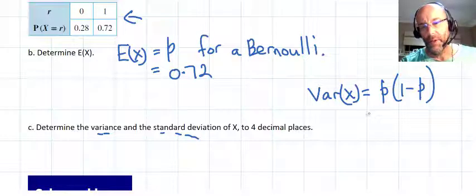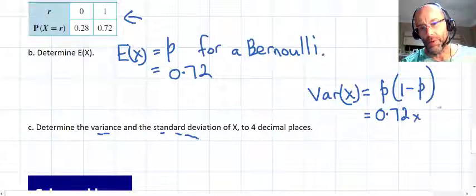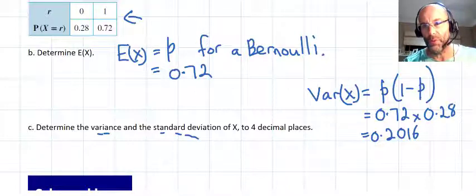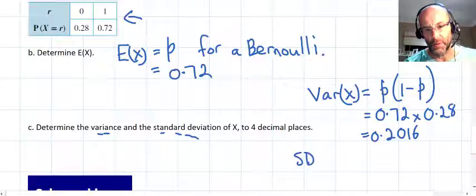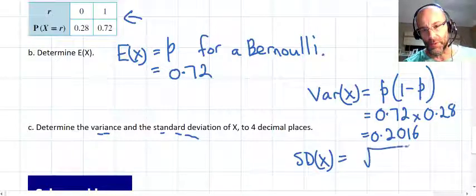So that's 0.72 times 0.28, and that comes to 0.2016 to 4 decimal places. And straightforward, we have the standard deviation. So the standard deviation, using that notation, is the square root of that value.